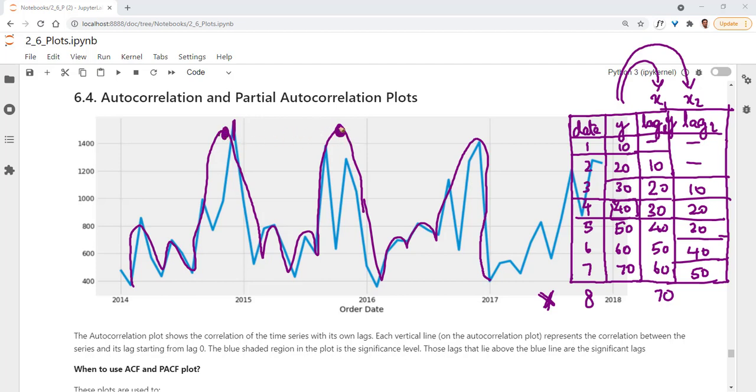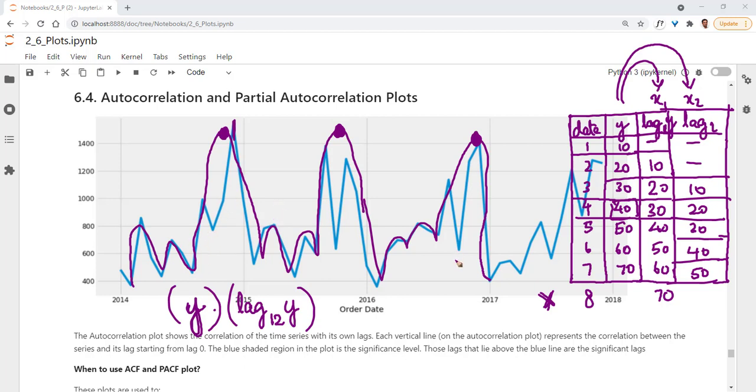So every 12 months, this sort of pattern reappears and repeats itself. So this point is the lag 12 of this point of the series. So I would expect this Y series to be very much correlated with the lag 12 of this series. Why? Because it seems to be repeating the same pattern every 12 months.